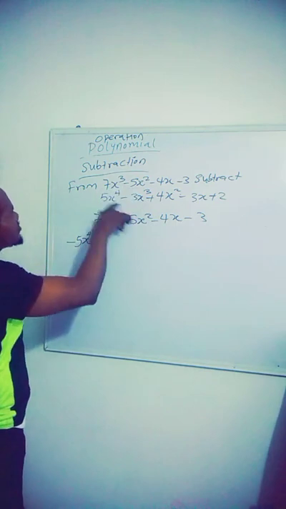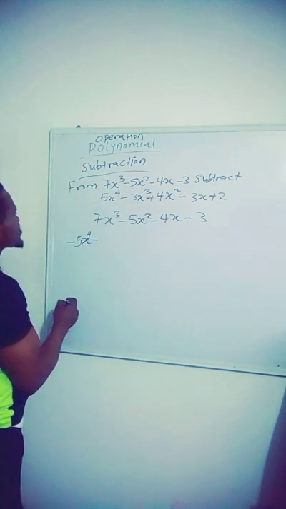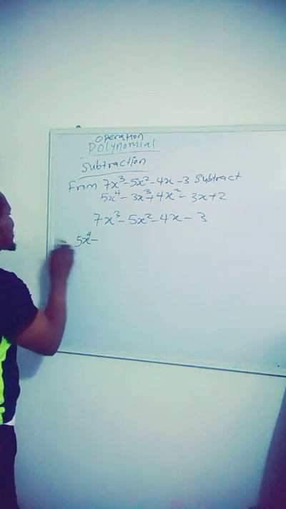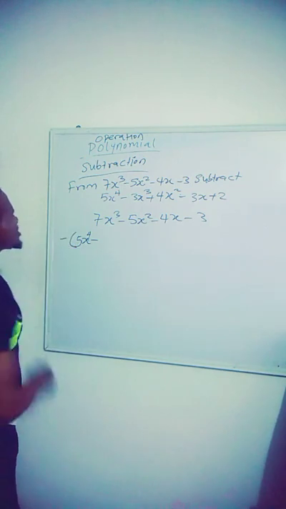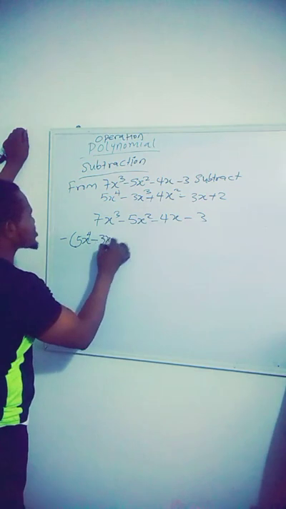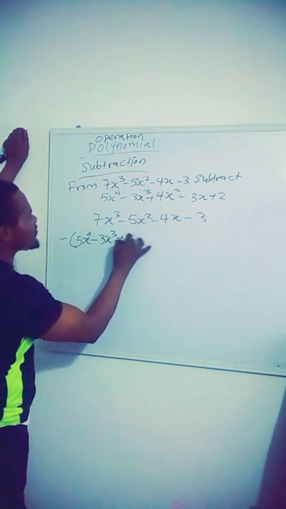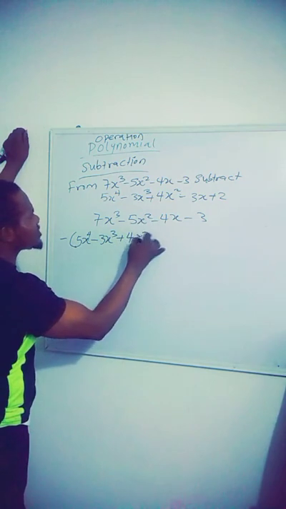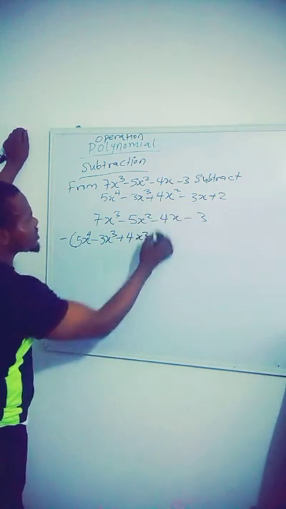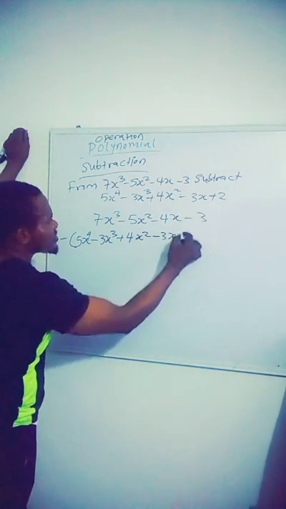Okay, we have cube here, and it's saying minus. Don't forget that this negative affects everything. Then minus 3x cubed. Then this is square, which is plus 4x squared. Minus 3x, constant plus 2.